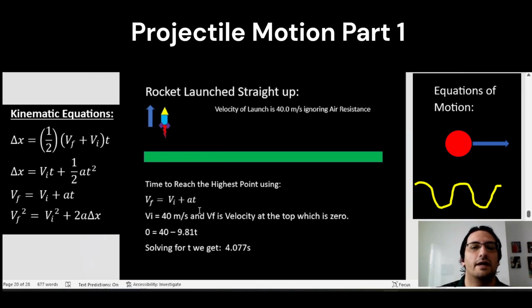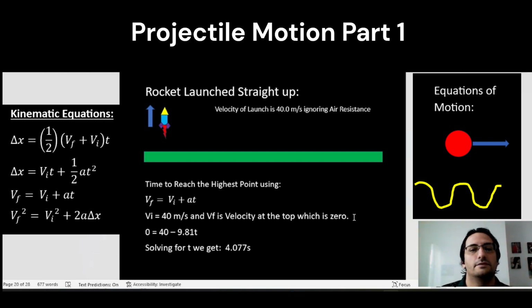Let's suppose that V initial is 40 meters per second, but V final is the velocity at the top, which is 0, because as the rocket goes up, it loses velocity. At the very highest point, the vertical velocity is 0. We're launching it straight up, so with the acceleration pointing down, the velocity slows down, it stops, and then it speeds up on its way down.